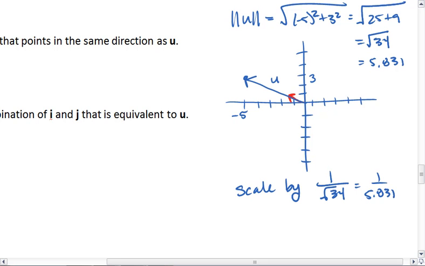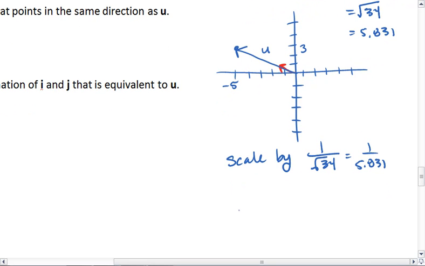In general, to find a unit vector, this is what you do. The unit vector will always be the vector u scaled by dividing by the magnitude of u.